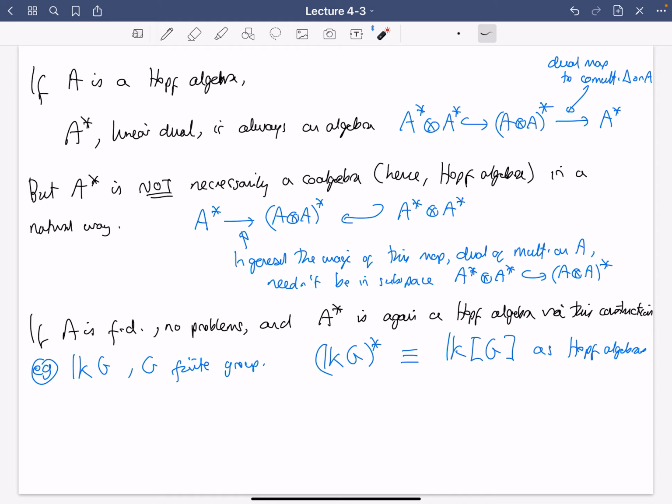So you see in this case why the notation rep G for a finite group, finite dimensional KG modules, and rep G for an algebraic group, comodules over the coordinate algebra, match up under this construction. Modules over KG and comodules over the dual just become identified.